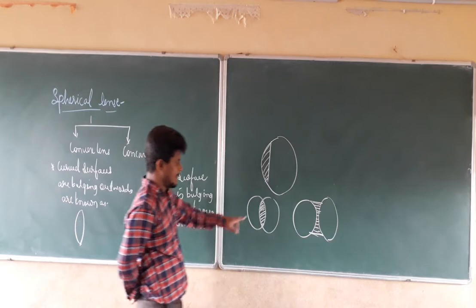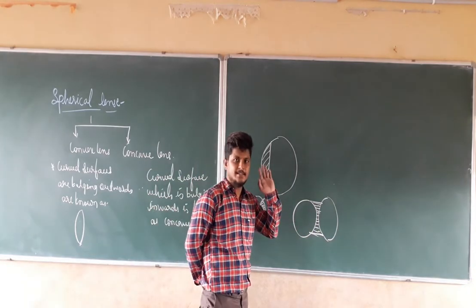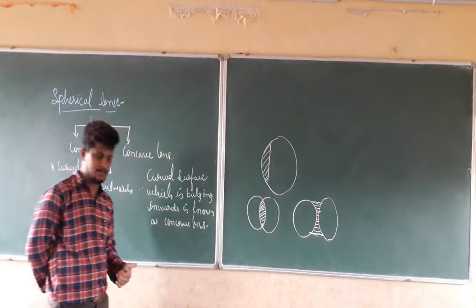If it looks like this, it is a convex lens. If it looks like this, it is a concave lens.